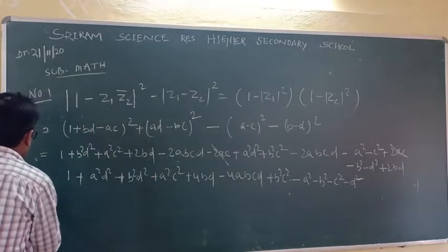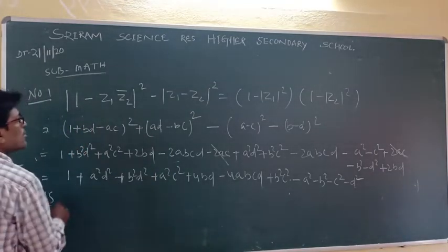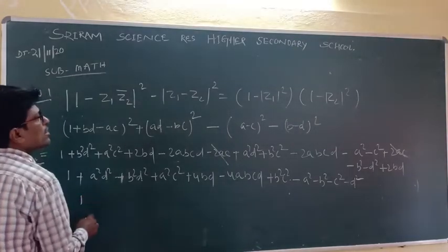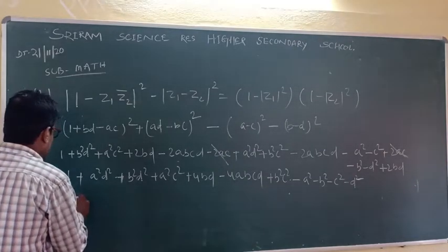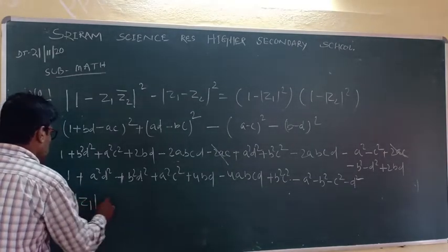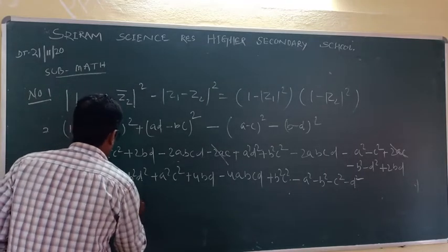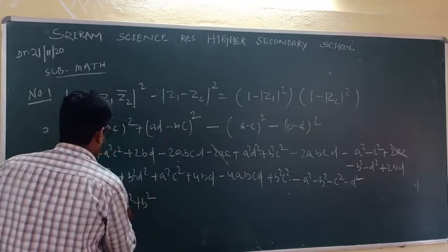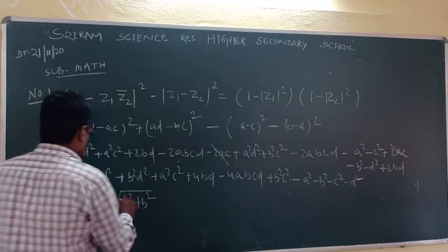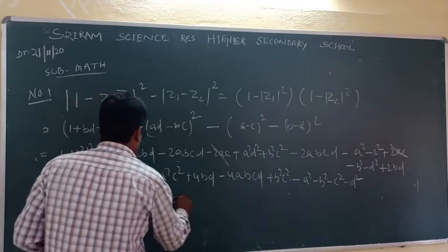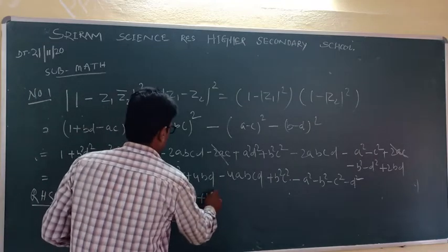Similarly RHS you can put, 1 minus the modulus of z1 squared, that is a square plus b square, equal to a square plus b square.